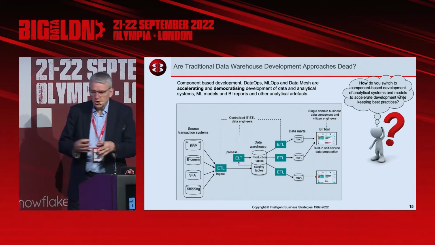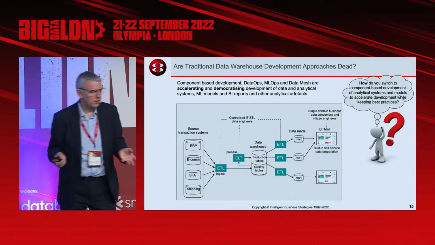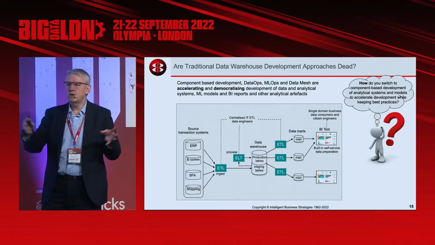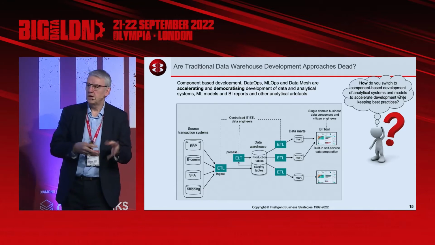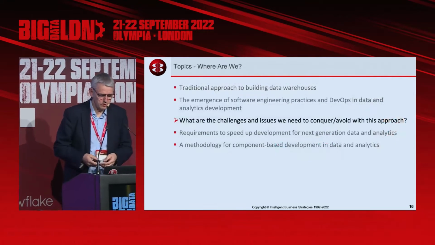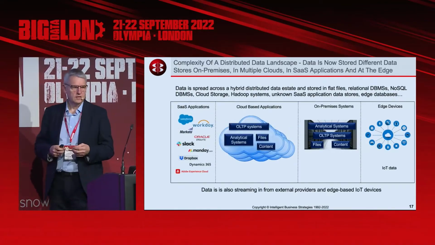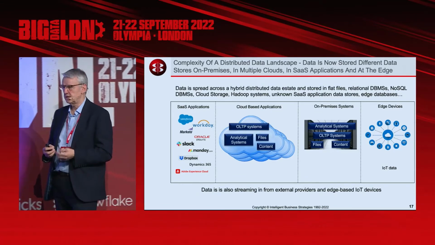So you kind of then look at this traditional approach and you think, well, how on earth do we adopt these practices that are really reducing development times into traditional data warehouses? And what kind of challenges are we dealing with? Well, the challenges that we have here is that data is now complex. The data estate is not centralized, it's distributed.